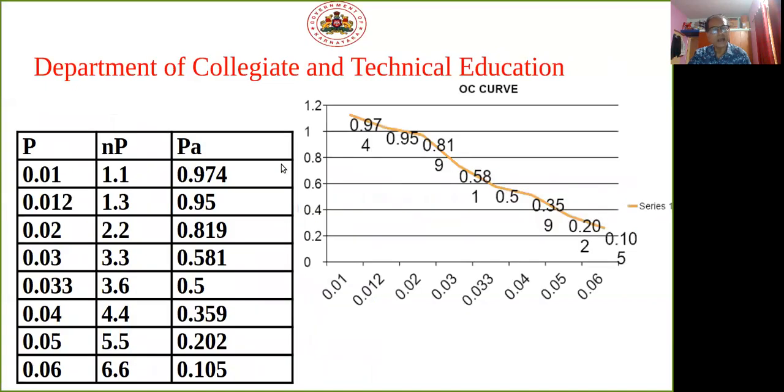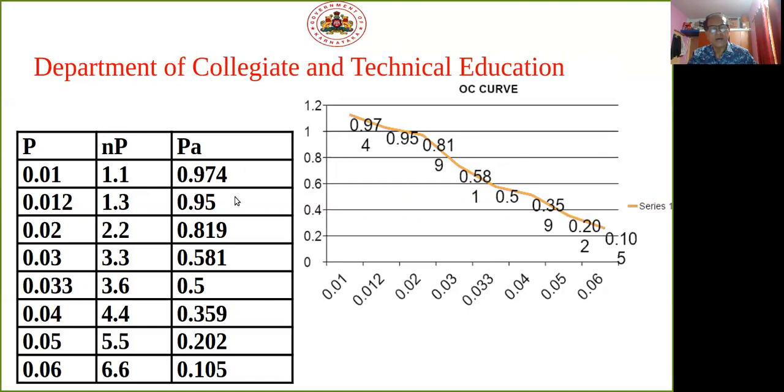Apart from that, we have taken some different values for NP. For P equals 0.01, NP will be 1.1, and for c equals 3, we get PA equals 0.0974.